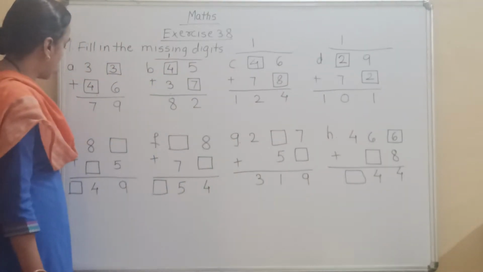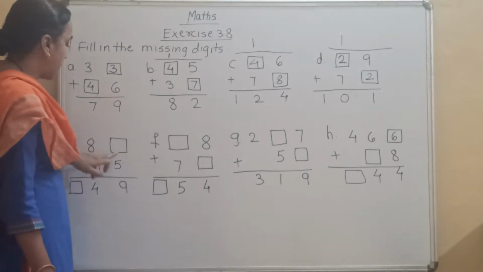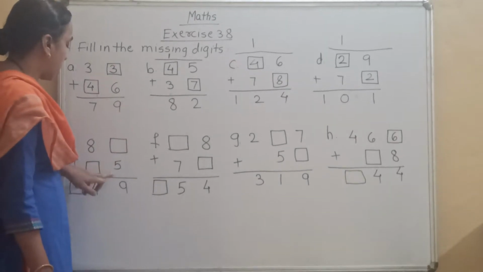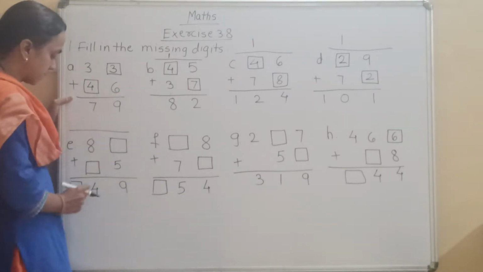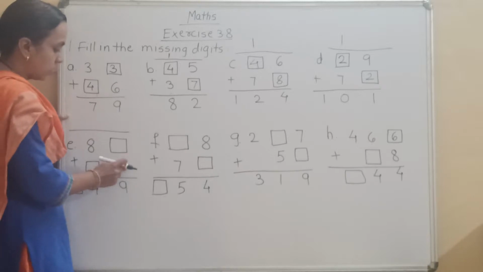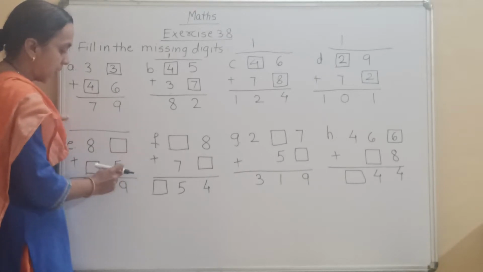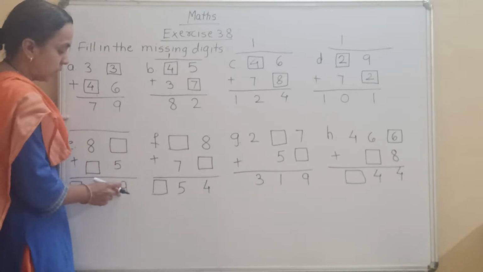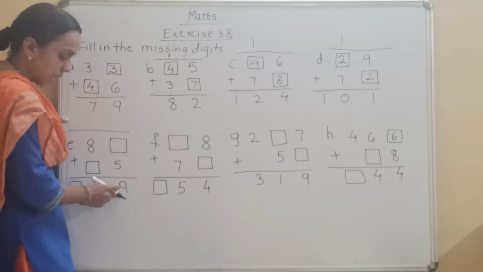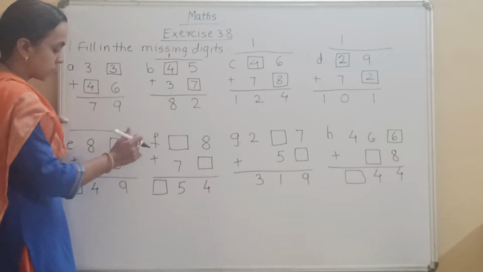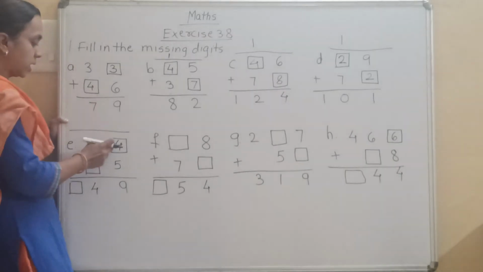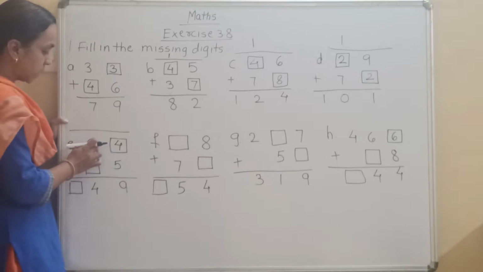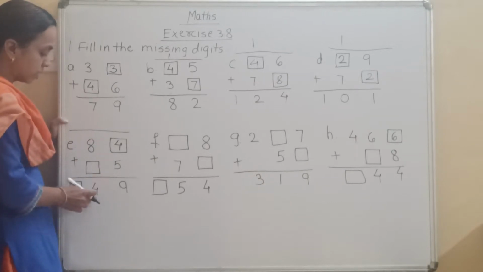Now E question is what? 8 empty box plus empty box 5. So this is also a 3-digit answer. So which number if we add to 5, we will get answer 9? So 5 plus 4, how much? 9. Okay, so write down here 4. And now see 8 plus empty box equal to 4.